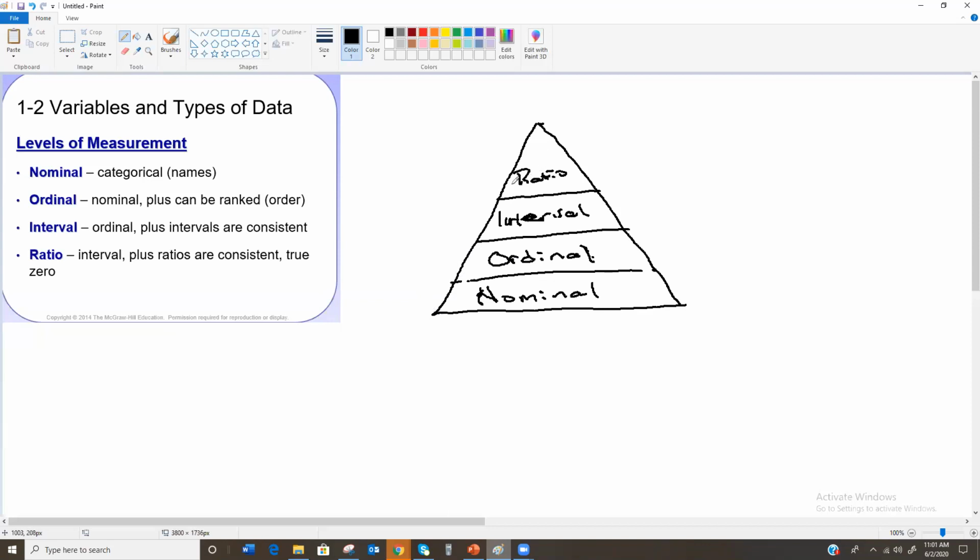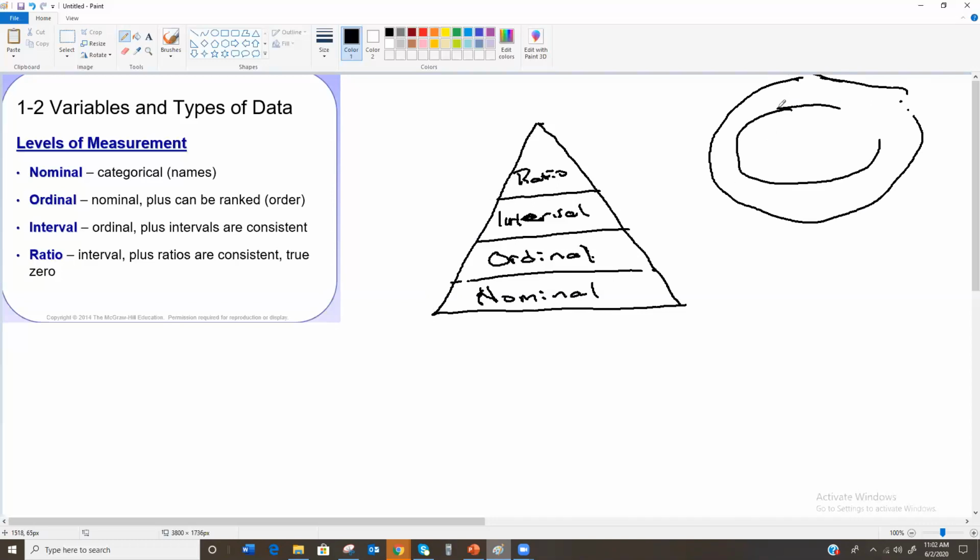If it's ratio, it's also interval, ordinal, and nominal. I know we haven't talked about what any of them mean, but does the pyramid idea make sense? That as you surpass one, you've included it? If you wanted to think of it as a Venn diagram, you can too, but I think it just gets a little cluttered. It would basically be kind of like a target.